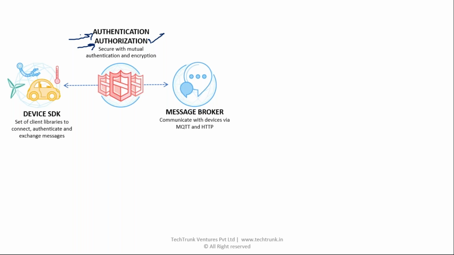So in the case of authorization, you can restrict what every device can do. For example, you can restrict the car so that it can only publish and cannot subscribe.